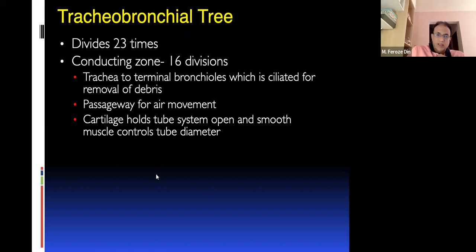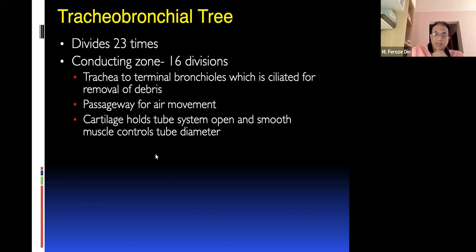And this stretches right from the trachea to the terminal bronchioles. And the passages, of course, are a passageway for the air movement. And they have pieces of cartilage which hold the tube system open. And there's also smooth muscle in the bronchioles that controls the diameter of the bronchioles.